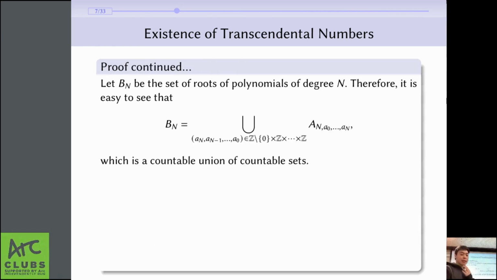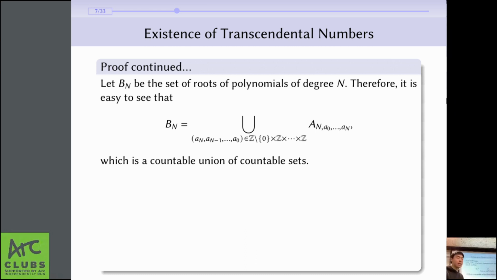The first thing you can see here is that this is really just the same as the union of all roots where we fix a_{n-1} to a0. So we have a way of choosing each of these components, a_{n-1} up to a0. And if we can choose each of these numbers, then we know that we have exactly the set a0 to an, right?